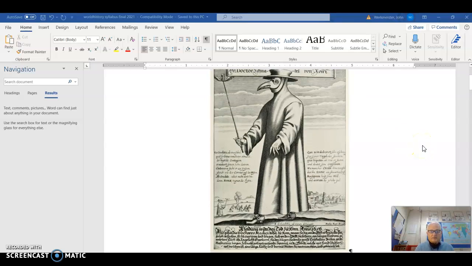Now, this interesting piece shows how history can inform us. This is actually a 17th century plague mask. Plagues were a part of world history periodically with catastrophic results. Probably the most infamous one we're familiar with was the bubonic plague, the Black Death of 1347, that swept across Afro-Eurasia, killing in some places over half the population.